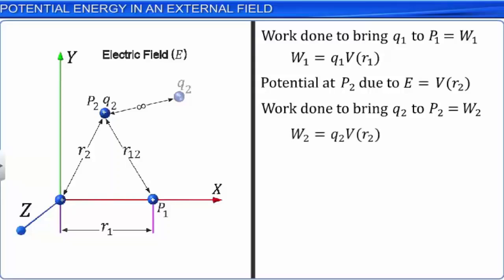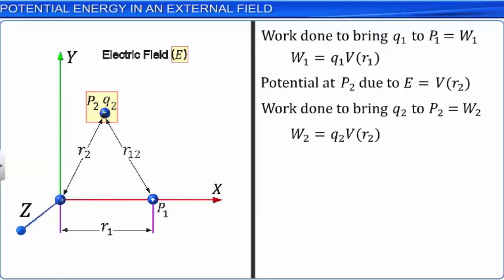If Q2 is now released, it moves due to electric field E and also due to the electric field of Q1. Work has to be done to hold the charge Q2 against the force due to the electric field E and also due to that of Q1.